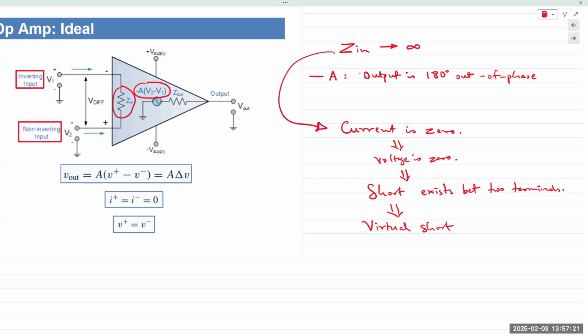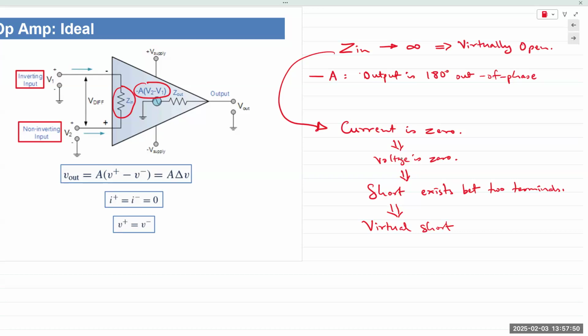This is virtually short-circuited. Hence a virtual short. It's a very confusing point. And at the same time, we can also say it's virtually open because Z in is infinity. In reality, there is some sort of current that goes through.